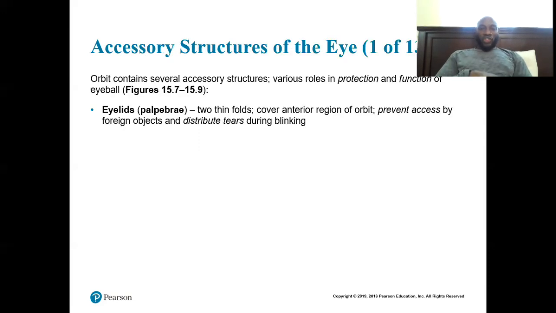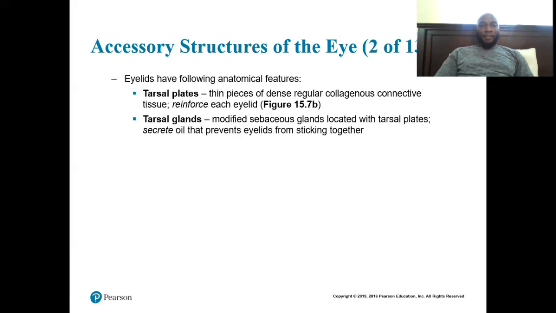You have a lot of accessory structures to the eye. You have eyelids, thin folds over the eye, that cover the region of the orbit, prevent access by foreign objects, and also distribute tears. Eyelids have the following anatomical features: tarsal plates, tarsal glands, modified sebaceous glands that secrete oil to prevent eyelids from sticking together.